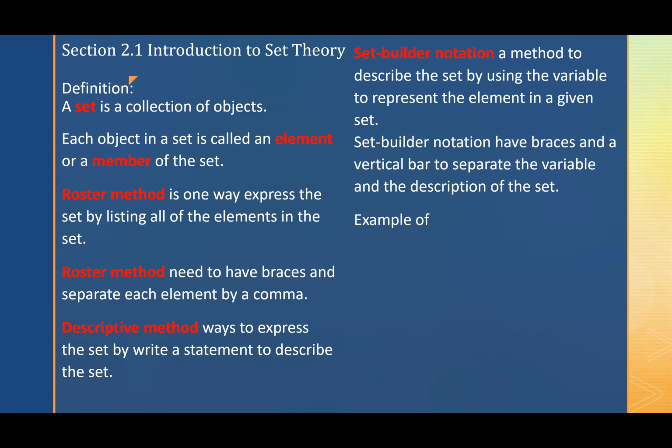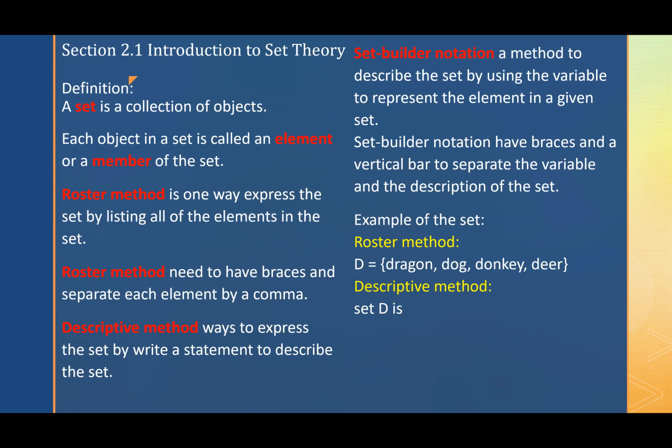Okay, so here comes an example of a roster method: D is equal to dragon, dog, donkey, deer, right? So if you look at this, I forgot to mention, you can name your set. To name your set, you can just use any capital letter.